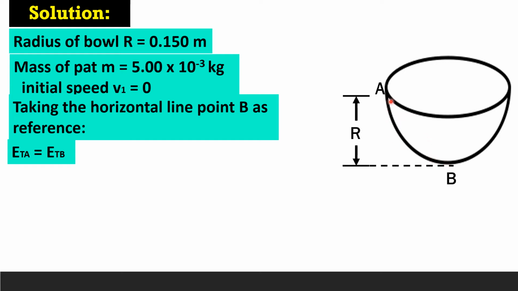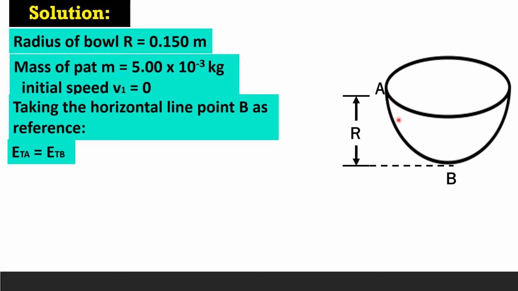Okay, so again, what happens is, as the pat of butter starts to slide along this side of the bowl, which is considered to be frictionless, we can say that its gravitational potential energy that it has originally will be converted into kinetic energy, since from a state of rest it's going to be gaining speed.